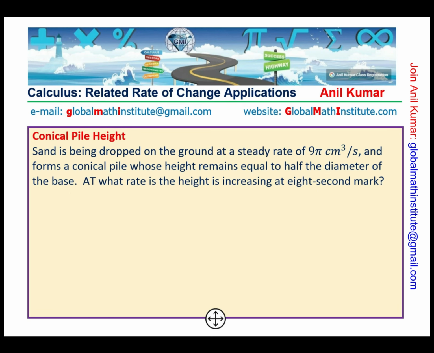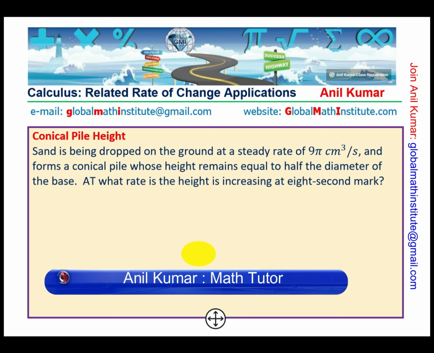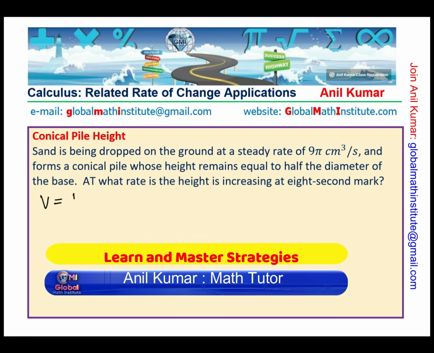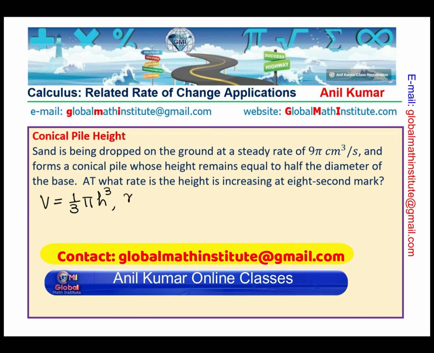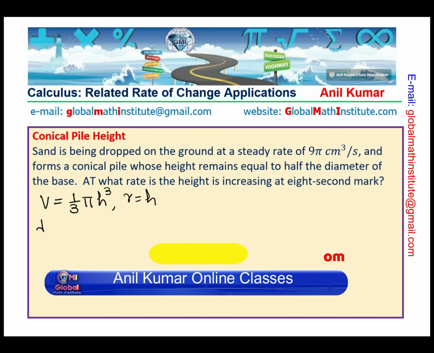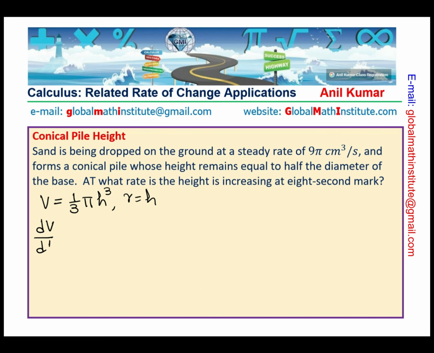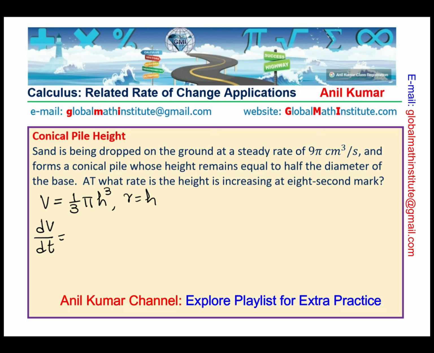Basically what we did was find that the volume was one third pi h cube since r equals h, right? And we wrote dV/dt as one third into 3, which is just 1, pi h square dh/dt.